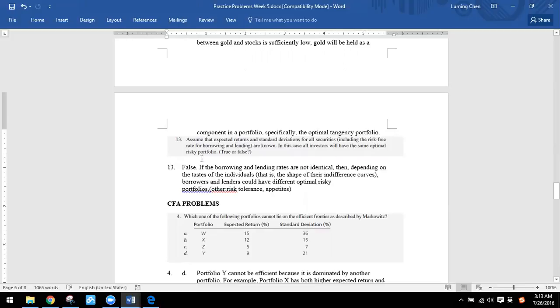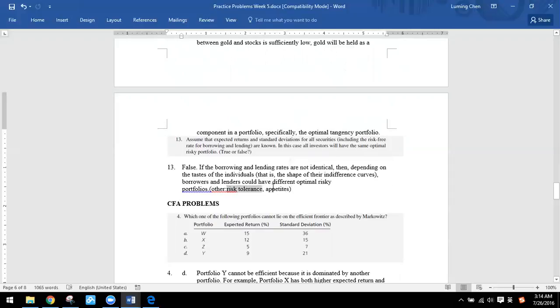their optimal risky portfolio is not the same because their expected returns on their portfolio are not the same. Although for all securities, it's the same. And moreover, we know nothing about their risk appetites or risk tolerance.